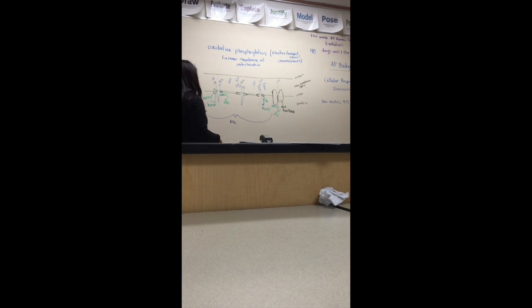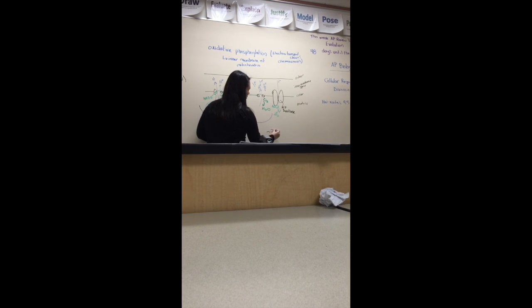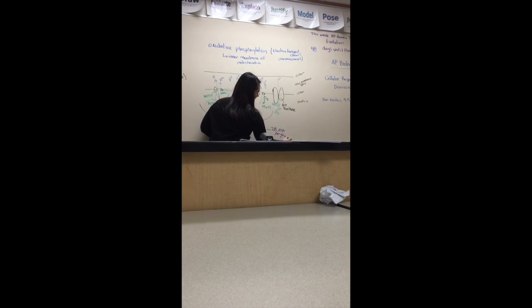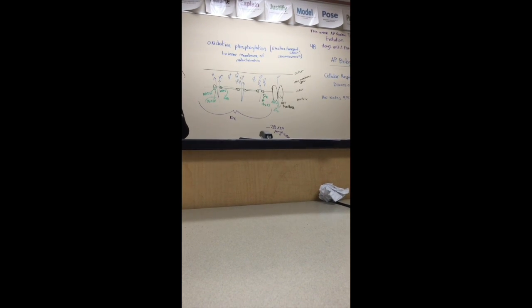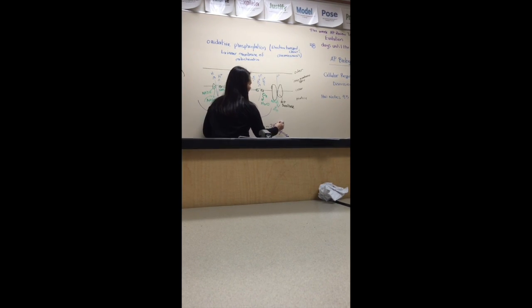And per glucose, we are going to get about 28 ATP. I know if you do the math, it's about 3 per NADH, 2 per FADH2, and then we lose some along the way. And so that's why it doesn't come out exact. But it's about 28. Some books will say 30 ATP per glucose.